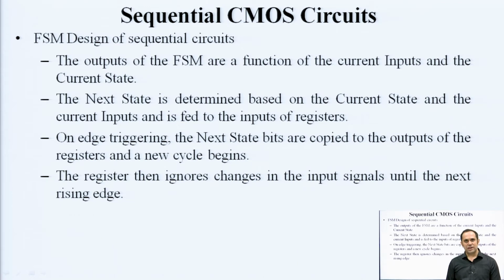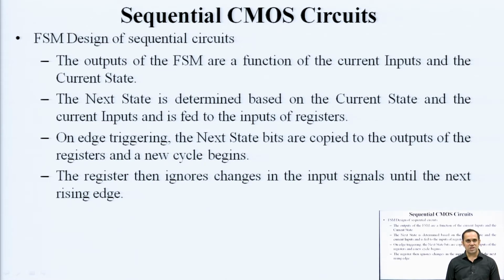On edge triggering, some kind of pulse, which is your clock pulse, whenever it changes its polarity, whenever it changes its edge, either 0 to 1 or 1 to 0, that is edge triggering, the next state is updated and a new cycle begins. This will be discussed in more detail very soon. The register or the storage element then becomes independent.